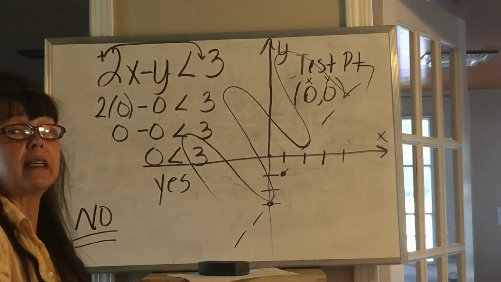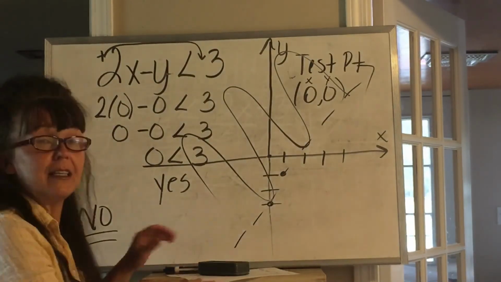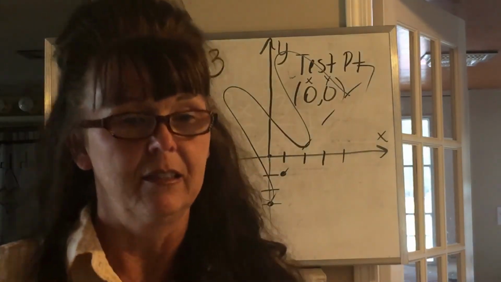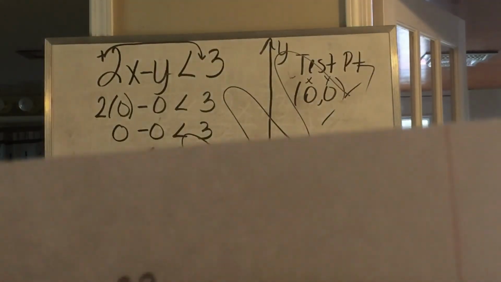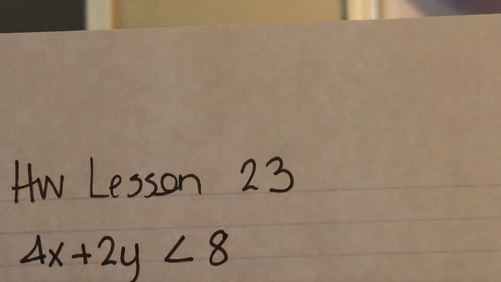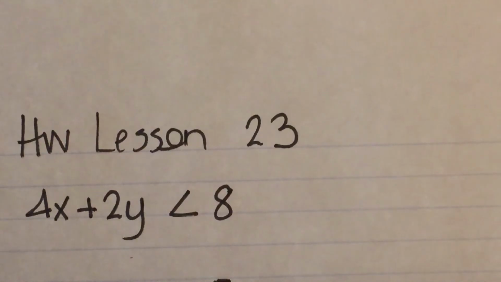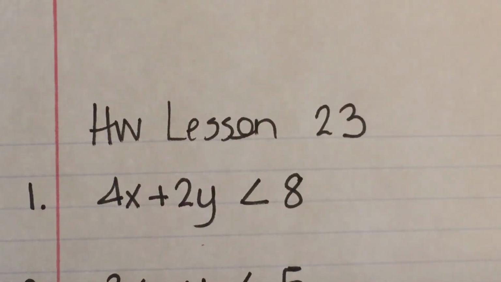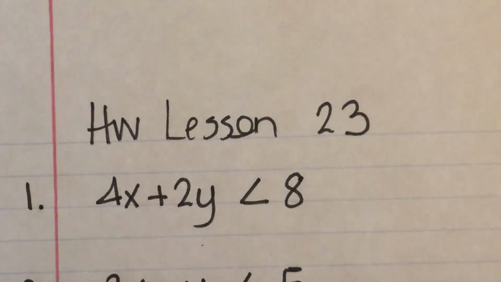And if you need another example, I'll be glad to do this again tomorrow. I give you 3 little problems, and here you go. I hope this uploads. Oh, I didn't put today's date on there, but this is lesson 23. Today's May 4th. There's the first one: 4x plus 2y is less than 8.